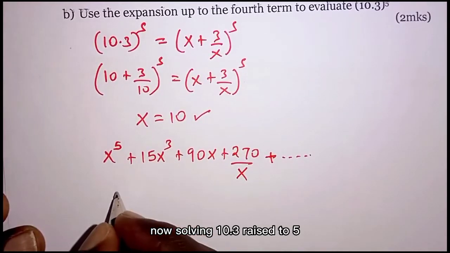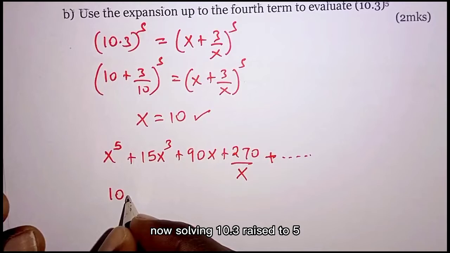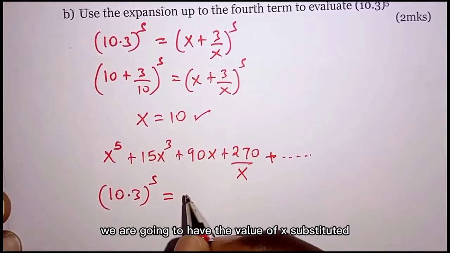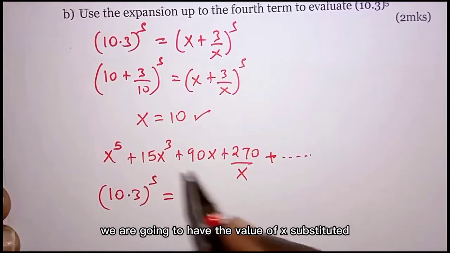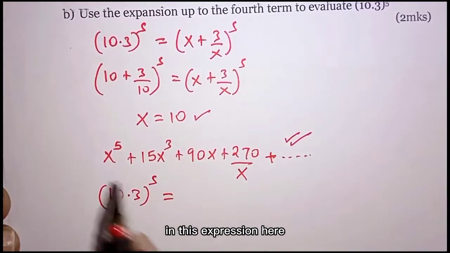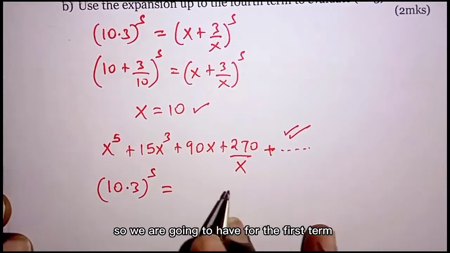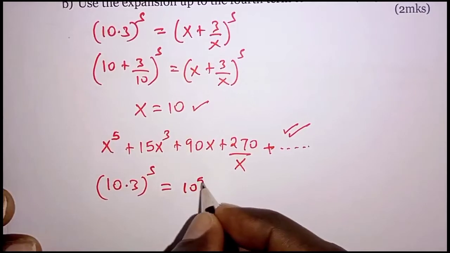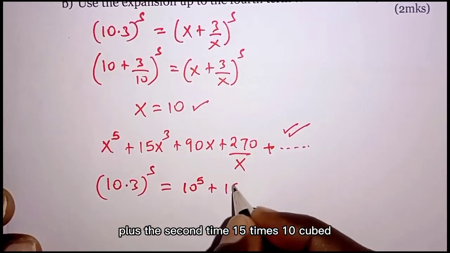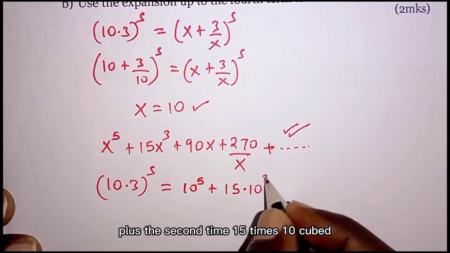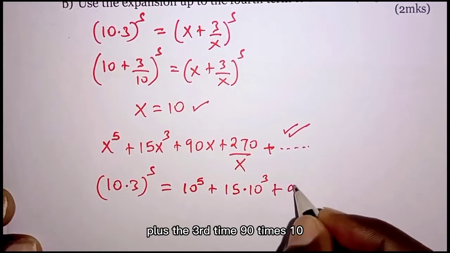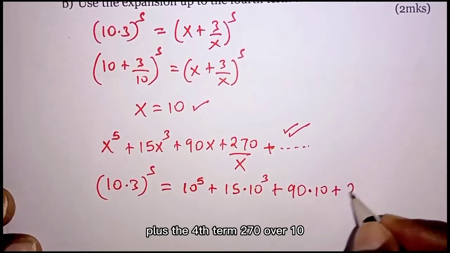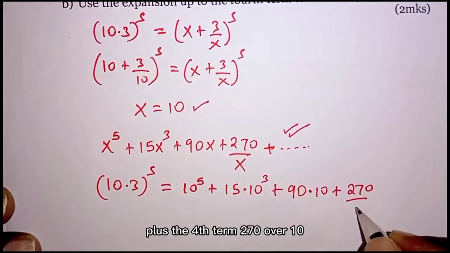Now, solving 10.3^5, we are going to have the value of x substituted in this expression here. So for the first term we have 10^5, plus the second term 15 times 10^3, plus the third term 90 times 10, plus the fourth term 270 over 10.